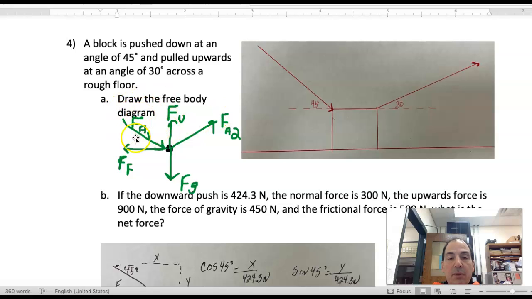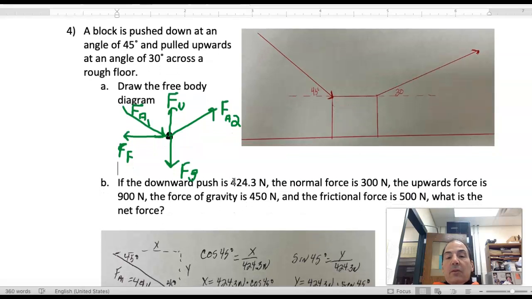Now, if you wanted to put this one on this side in your diagram because it's going down and right, that's fine. All that matters is that you have the arrow showing direction. But if I literally wanted to just take this and put it here, that's fine. No problem with that. That's okay for a free body diagram. So either way, because the arrow is where it is, you'd be okay.